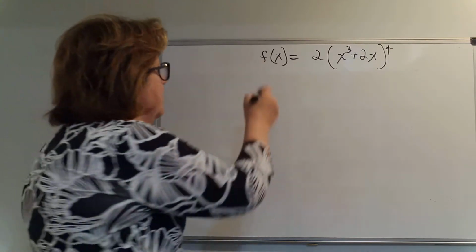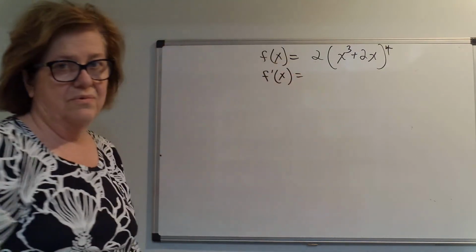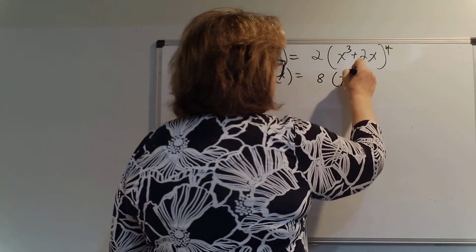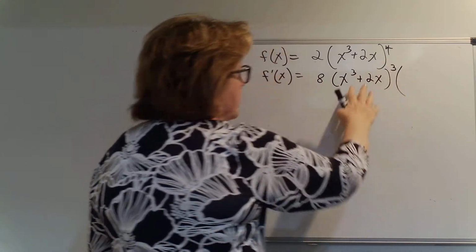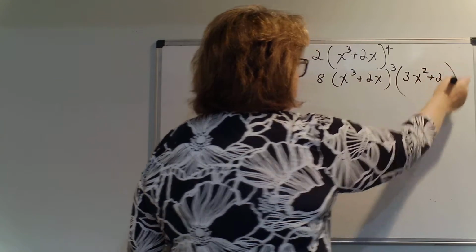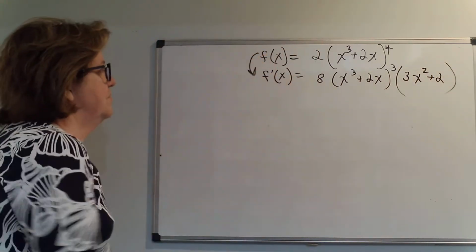We know its derivative, right? To get the derivative, you have to do the chain rule. You bring the 4 down, decrease the exponent by 1, multiply by the derivative of the inside. So to get from here to here, we use the chain rule.